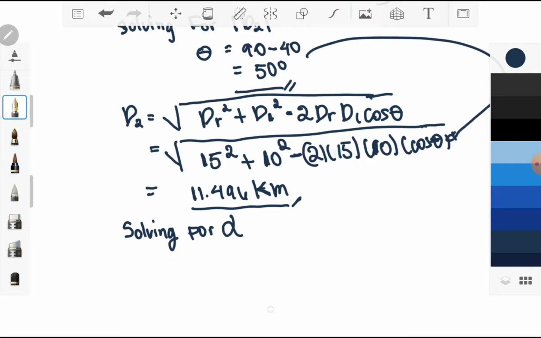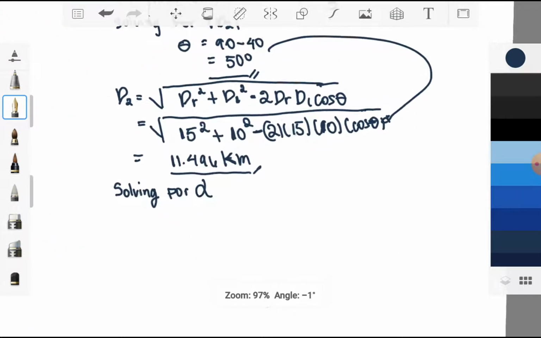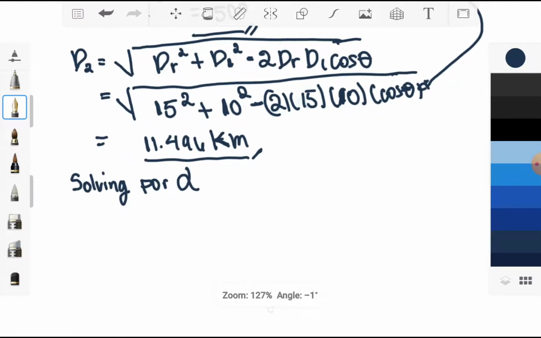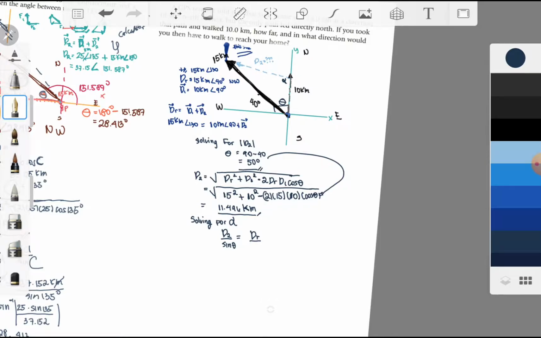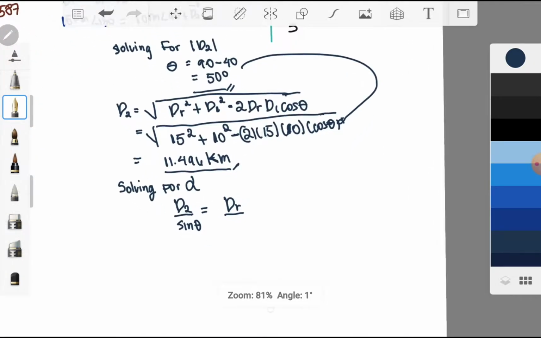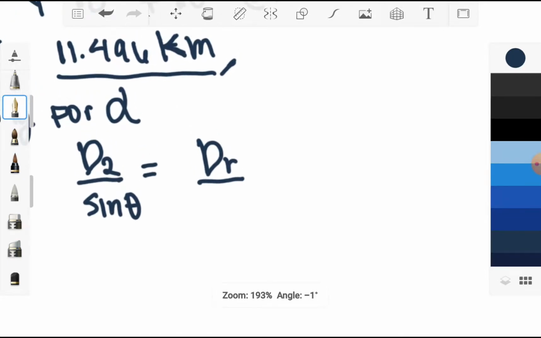Notice that you will use your d2 all over sine theta, because your d2 is the opposite of the angle theta, and it is also equal to your dr all over sine alpha, because dr is the opposite of your alpha.